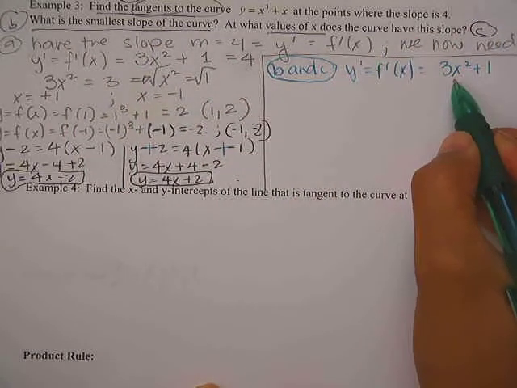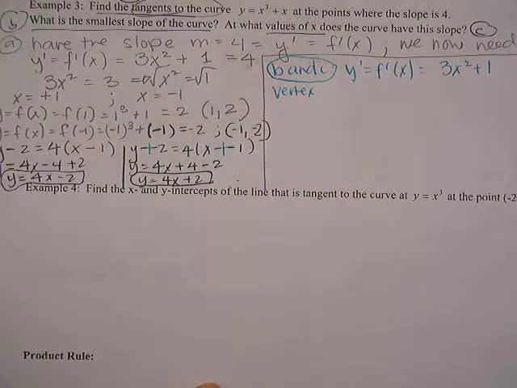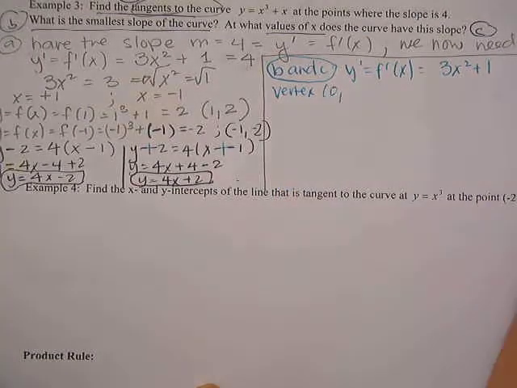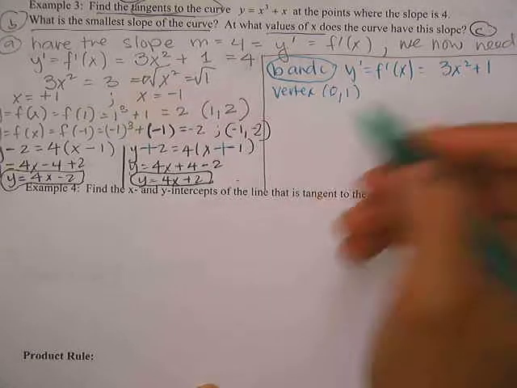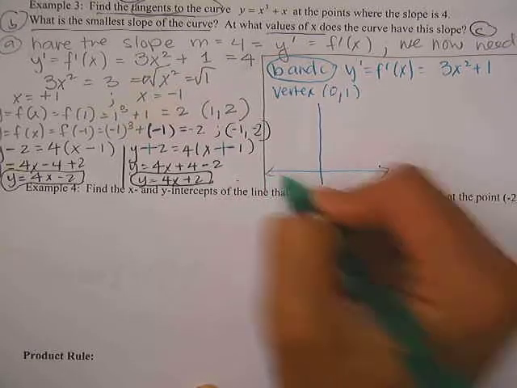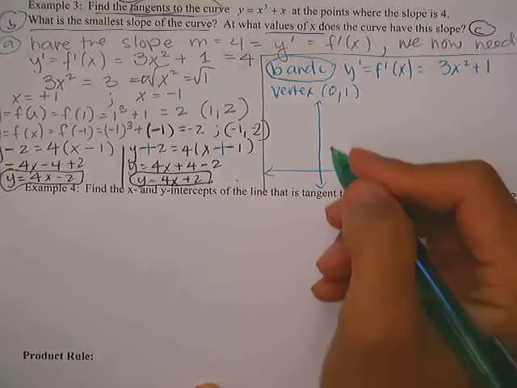So I'm just going to graph it out. To graph this out, the vertex, and I do expect you to be able to graph simple functions such as this one. The vertex is going to be at 0, comma 1. Okay, so let's quickly sketch this out. It opens up, so I know I don't need a lot of negative y values.